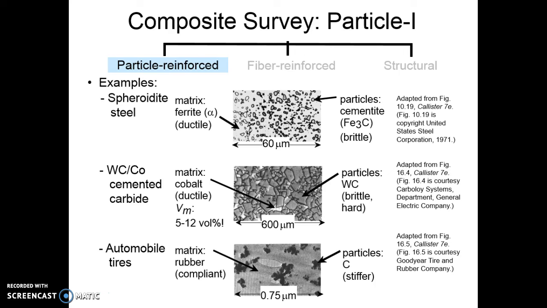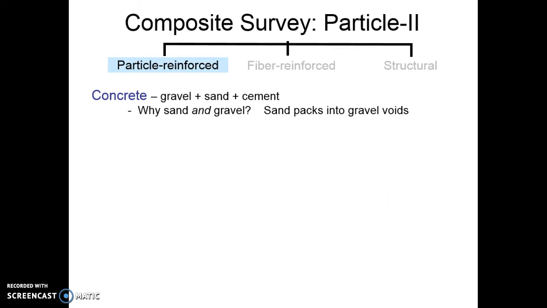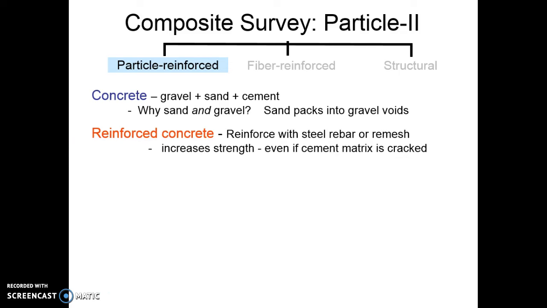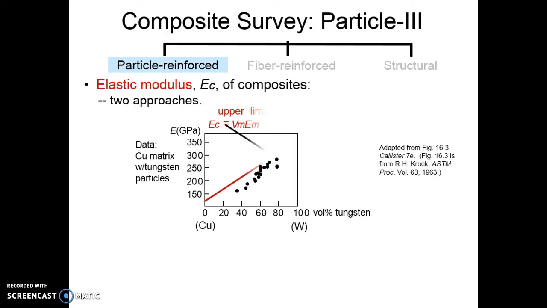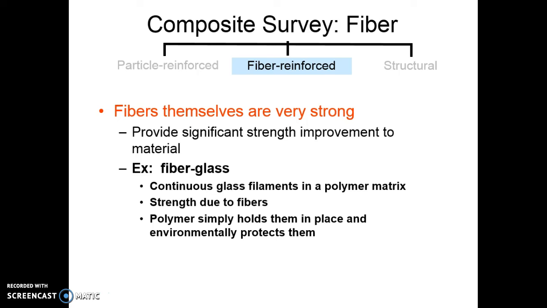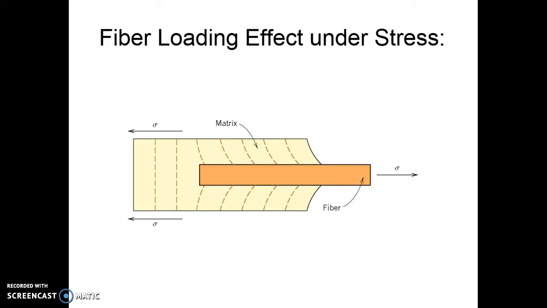So the nanocarbon that we make use of in automobile tires is a particulate reinforcement. Concrete is also an example of a particulate reinforcement. And there is fiber reinforced fiberglass that we make use of for automotive applications.